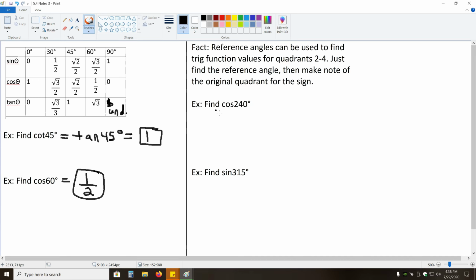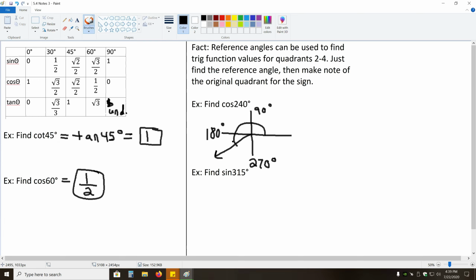So for instance, cosine of 240 degrees. Remember, if we started to graph this, 240 degrees would be in quadrant 3. This is 90 degrees, 180 degrees, and 270 degrees. So it would have to be somewhere between 180 and 270.